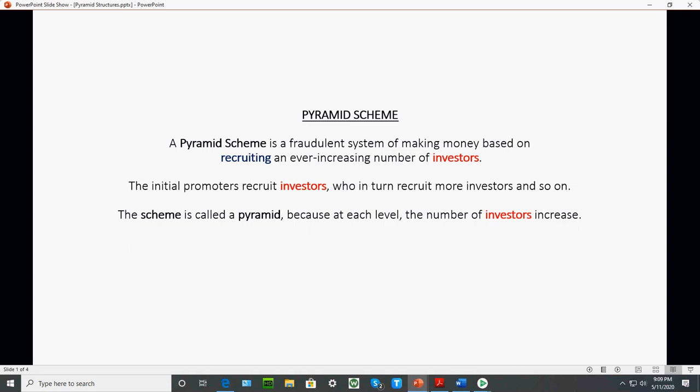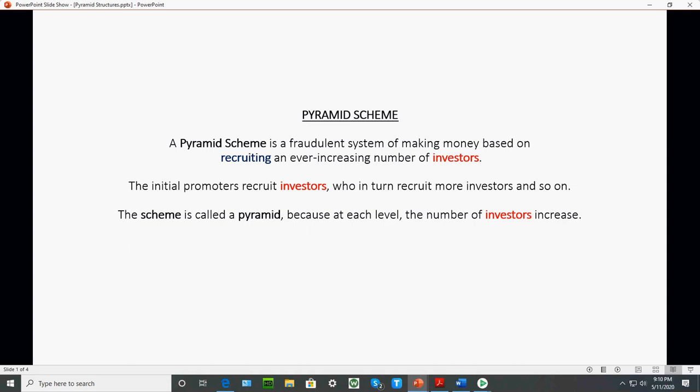So here we say a pyramid scheme is a fraudulent system of making money based on recruiting an ever-increasing number of investors. And the key word here, of course, is investors. The initial promoters recruit investors who in turn recruit more investors, and so on. The scheme is called a pyramid because at each level, the number of investors increases.